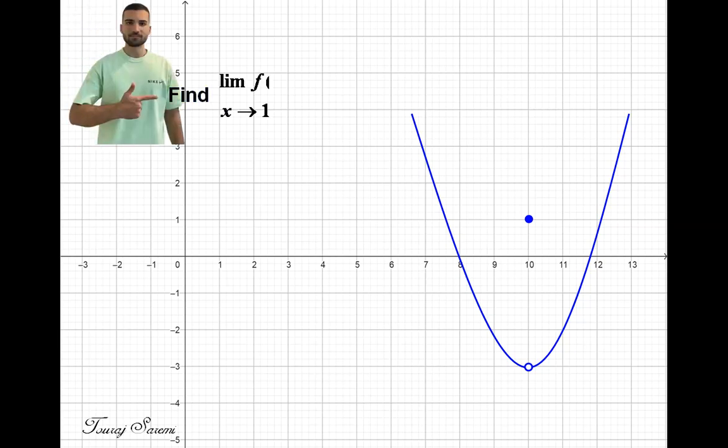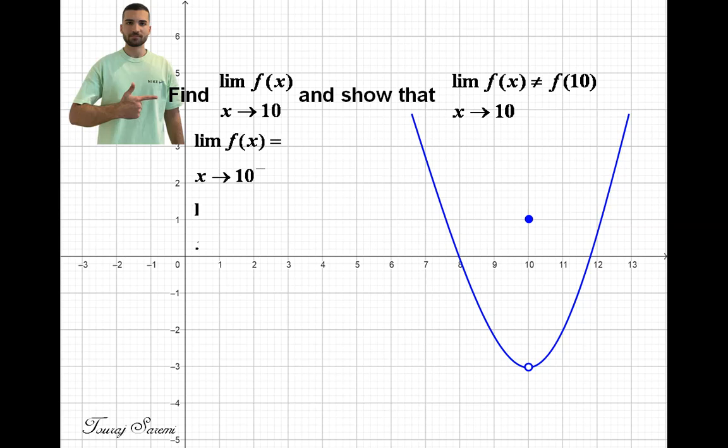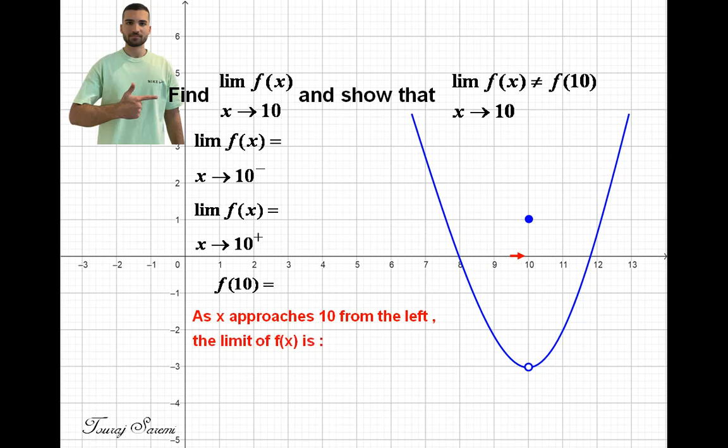Find the limit of f of x as x tends to 10, and show that the limit of f of x as x tends to 10 is not equal to f of 10. As x approaches 10 from the left, the limit of f of x is minus 3.